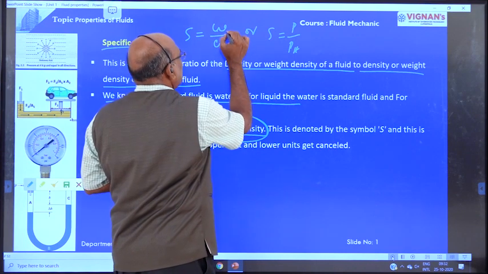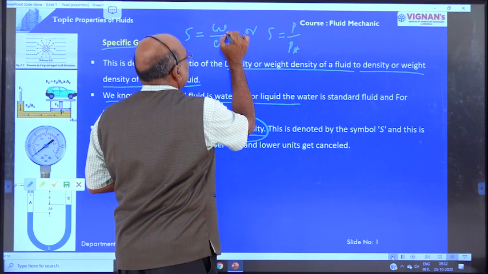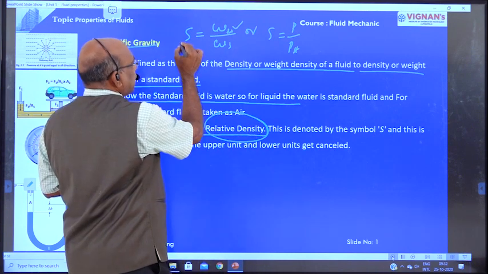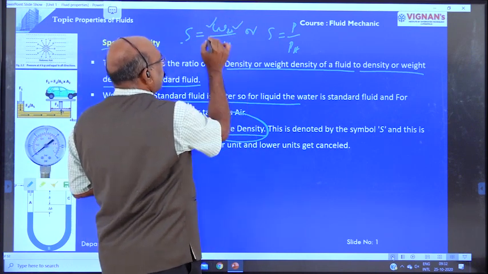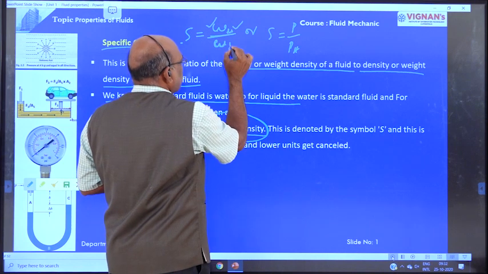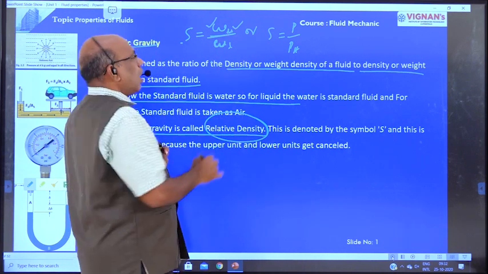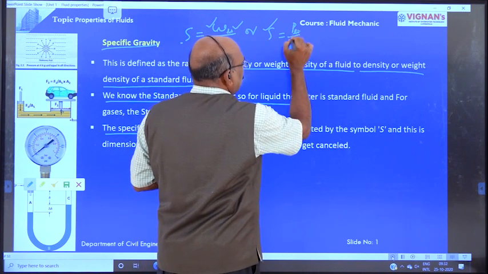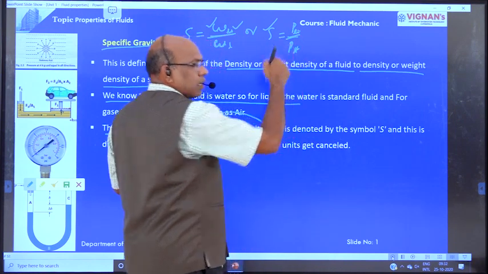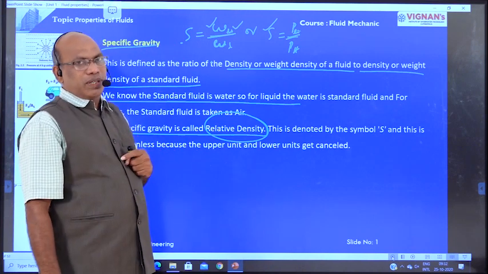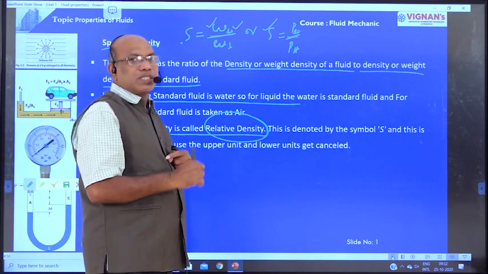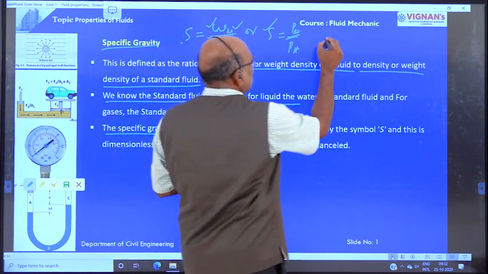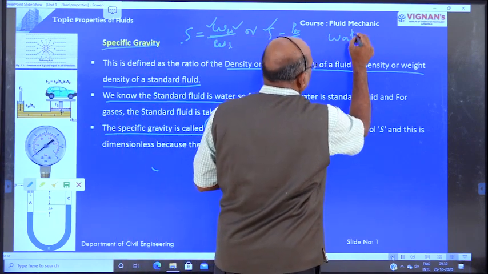Here, for example, this is one liquid. Specific gravity equal to weight density of any liquid divided by weight density of the standard liquid. And also specific gravity equal to mass density of liquid divided by mass density of the standard liquid. Right? Here we are going to take the standard liquid as water. Water is the standard liquid.